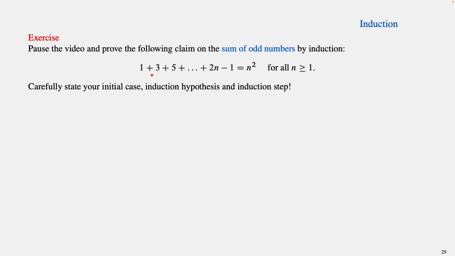So we add only the odd numbers, 1 plus 3 plus 5 plus 7 and so on. Carefully state your initial case, induction hypothesis and induction steps so you can be sure not to make a mistake.